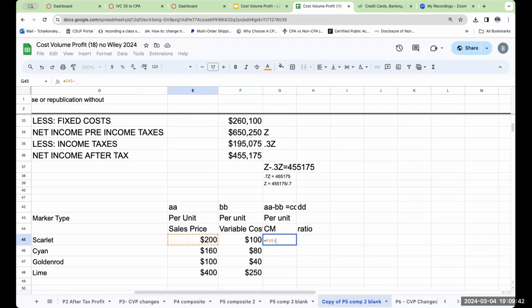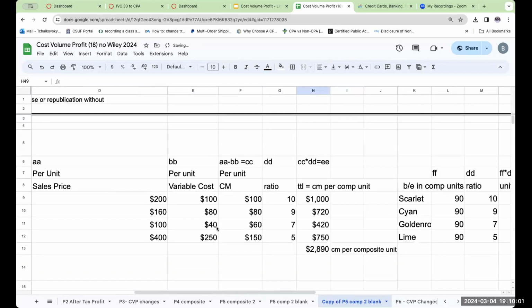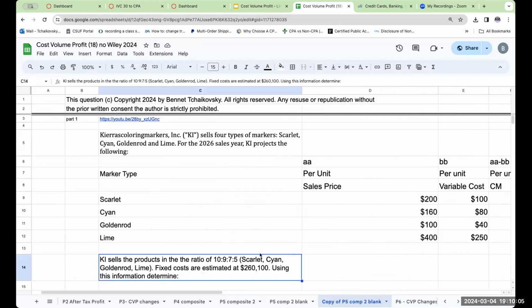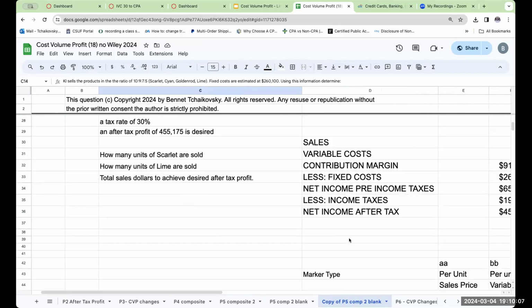My per unit contribution margin is going to be 100 for Scarlet, 80 for Cyan, 60 for Goldenrod, and 150, right? I'm going to give you this information for the particular question. The ratio I have is 10 to 9 to 7 to 5. Where did I get that information? Well, coming right up over here, I sold the products 10, 9, 7, 5.